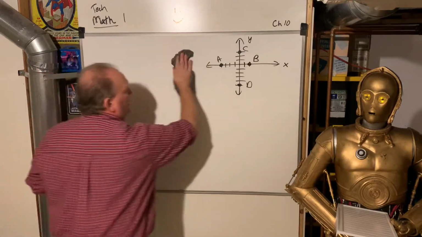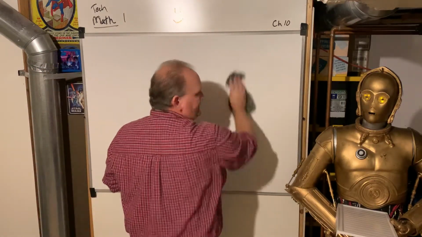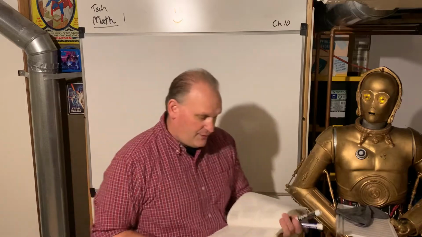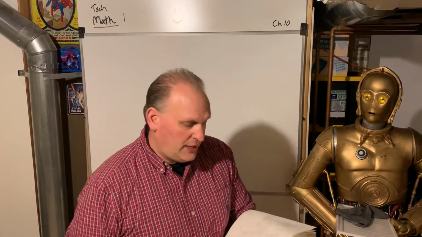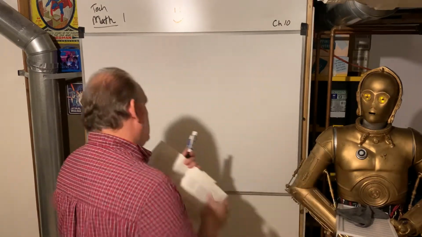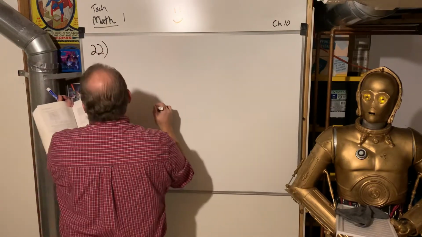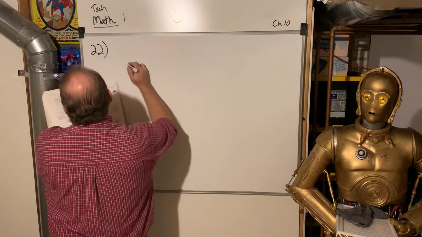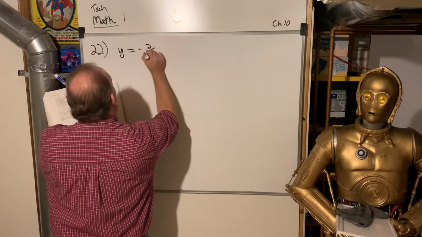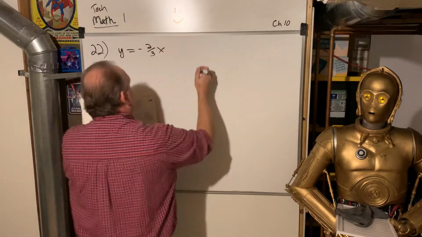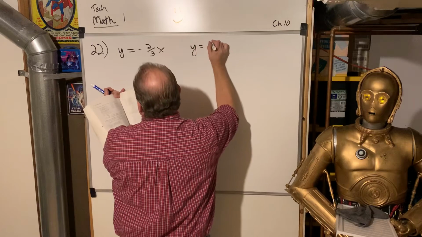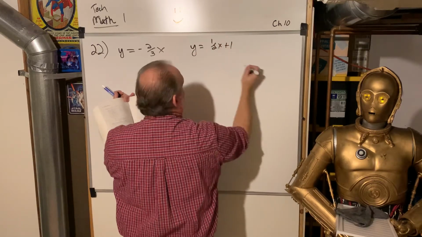Let's take a look at 10.3, number 22. Let's jump to 22. And that's on page 429. We're looking to graph this line.